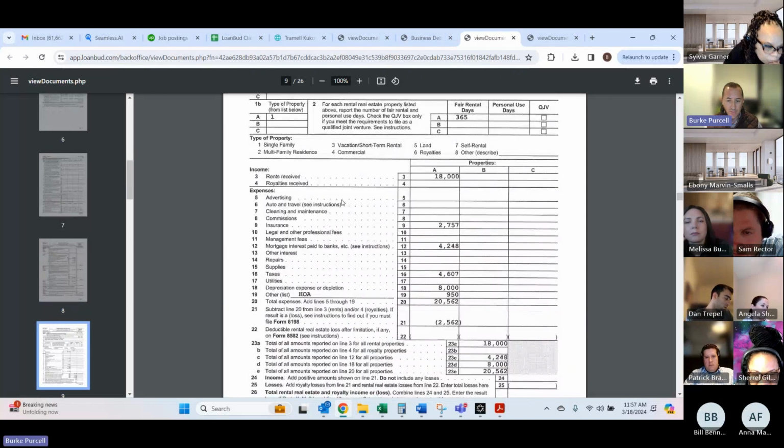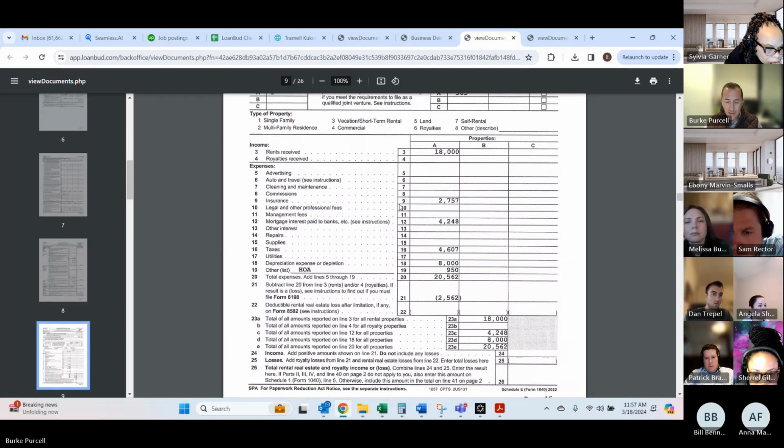Okay, so I got a rental property. That rental property shows a loss of 25.62, but I've got depreciation of $8,000.